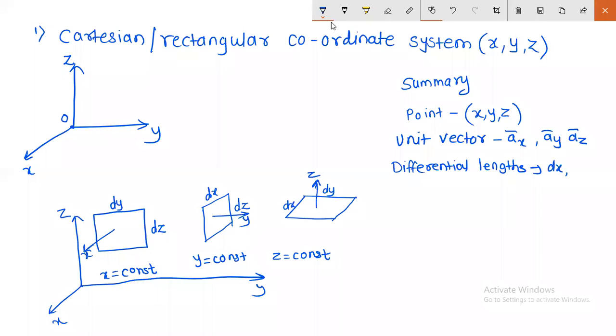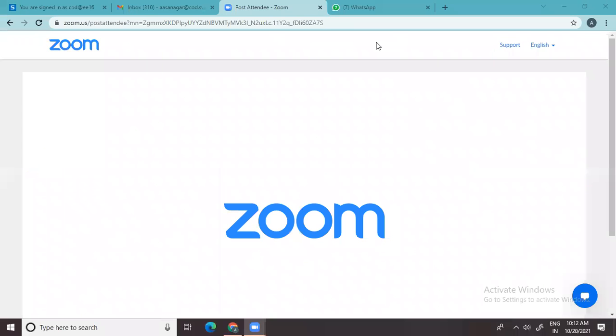Anyone? All of you getting or not? Yes or no? Yes, Rajeshri? Understand? Yes or no? Who is this Galaxy J2 core?